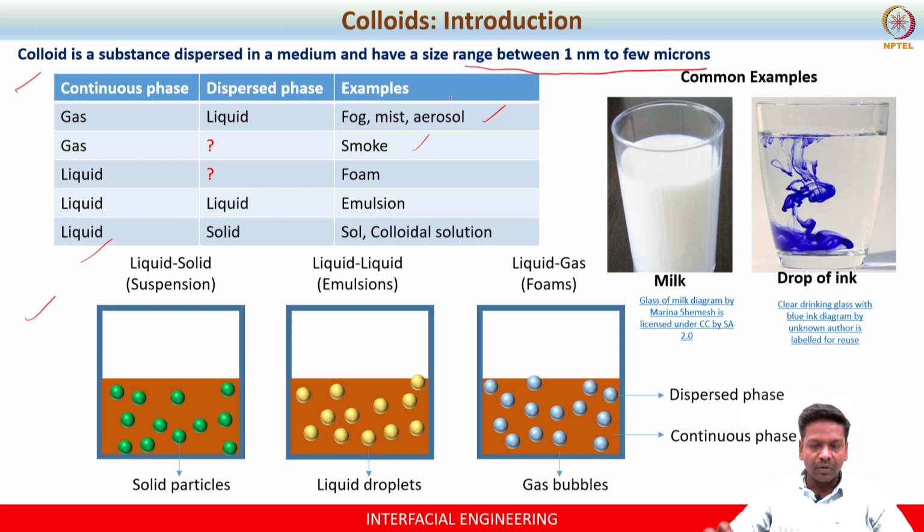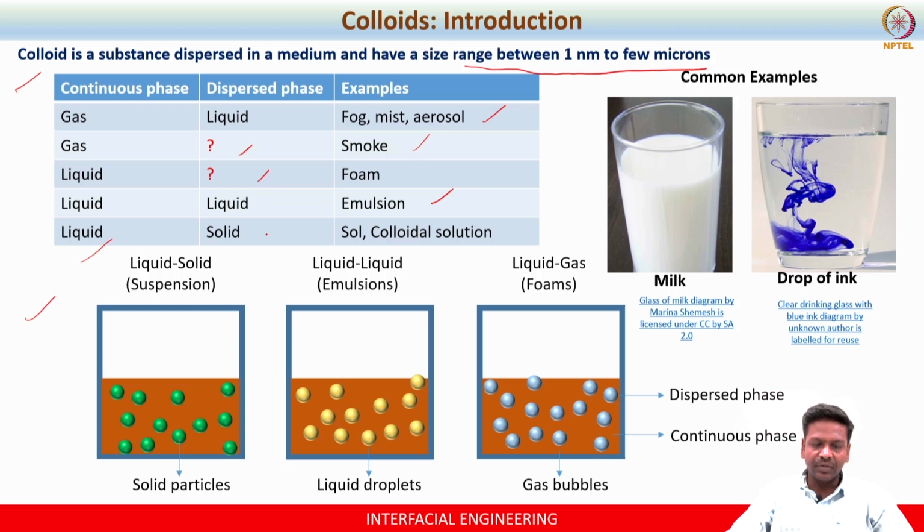In the case of smoke, although I have given a question mark here, the dispersed phase will be solid. And in the case of foam, the dispersed phase will be gas. And in the case of the liquid-liquid interface system, although we mentioned emulsion, here you also have, unlike the surfactant, if you use nanoparticle or particle systems, such an emulsion is called a Pickering emulsion.